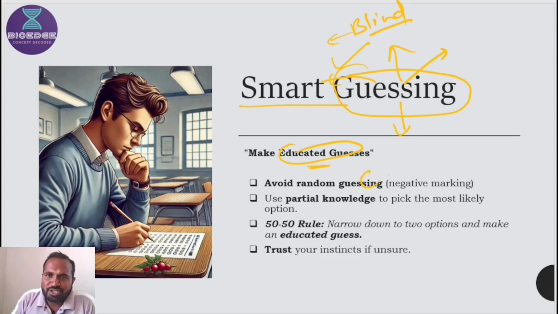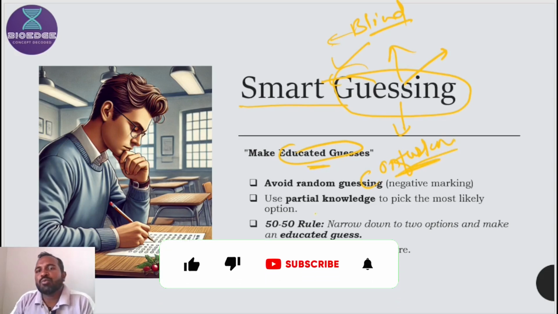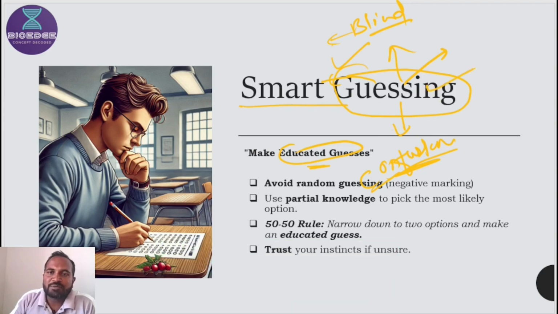A major problem in solving MCQs is confusion, and how to avoid this confusion? Confusion can be avoided by smart work. And what is meant by smart work? Smart work means doing work in less time with maximum efficiency and greater accuracy, and it requires certain techniques.